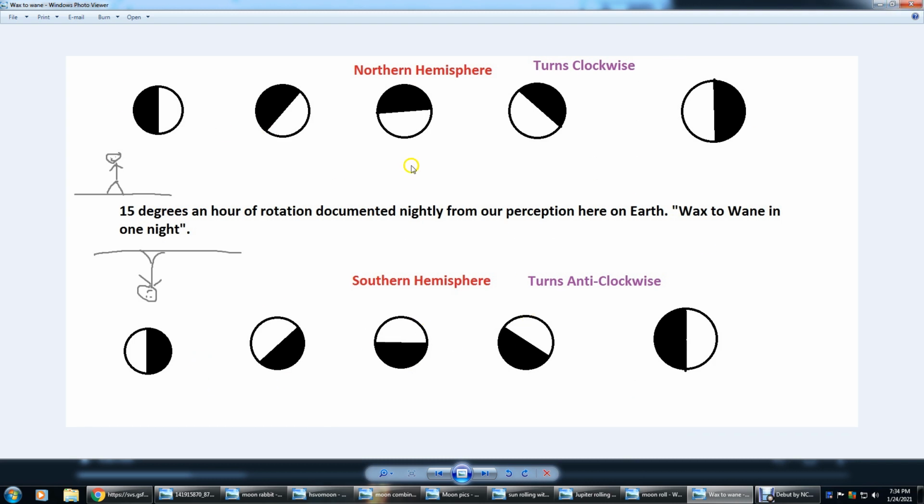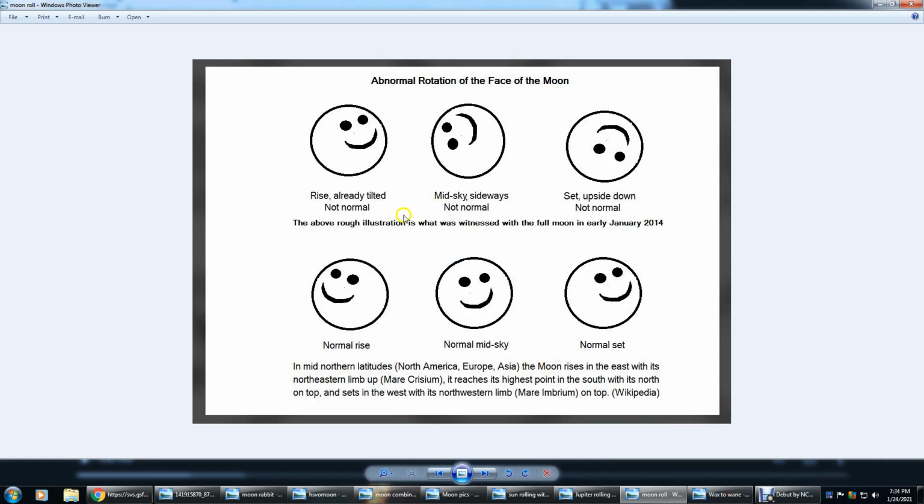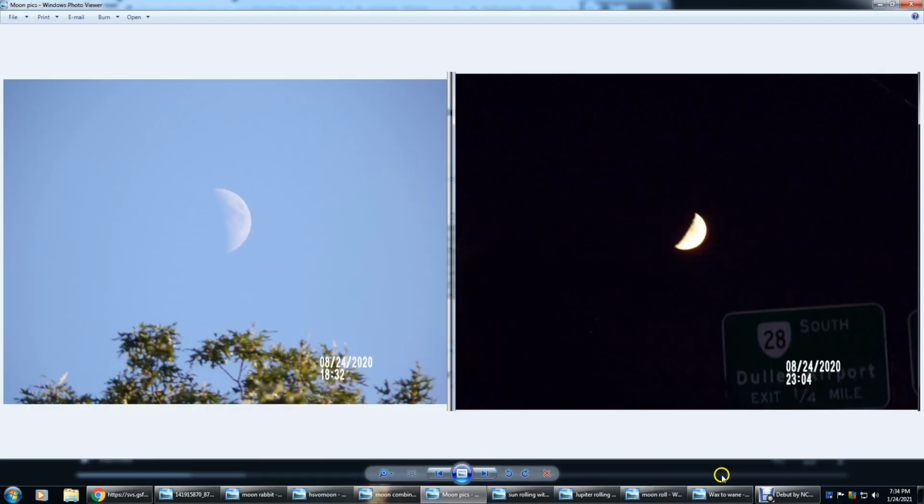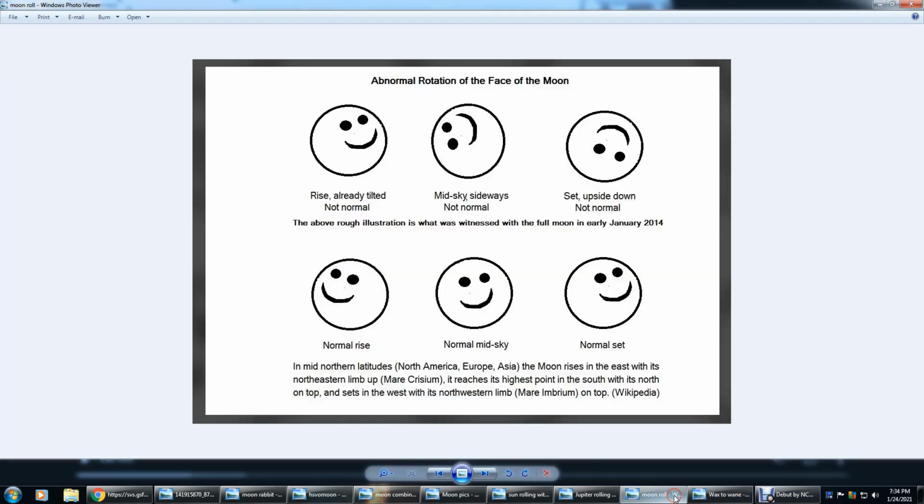So we should not see this at all, ever. The moon should rise and pretty much set in the exact same orientation. We shouldn't be seeing the moon doing wax to wane in one night. Meaning, let me get my picture back up.